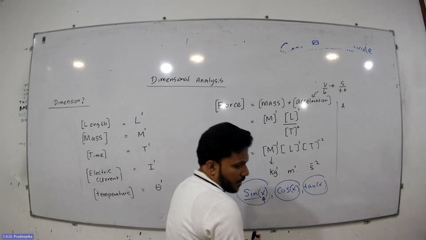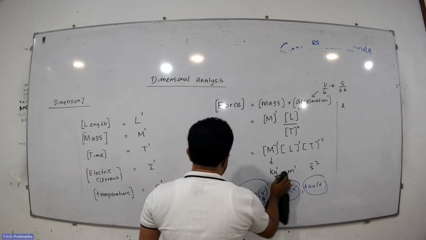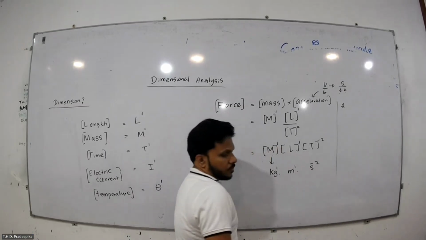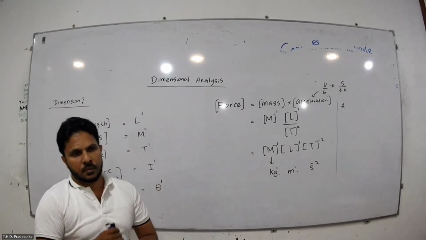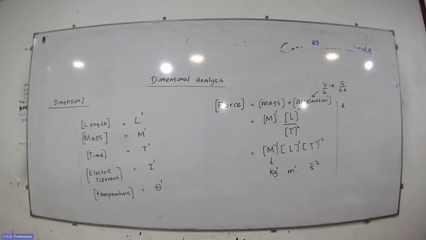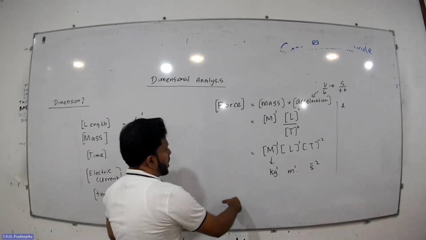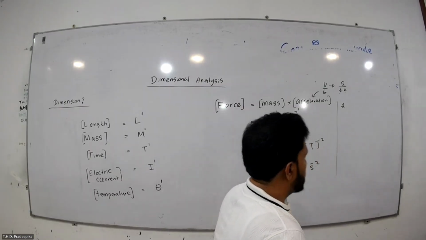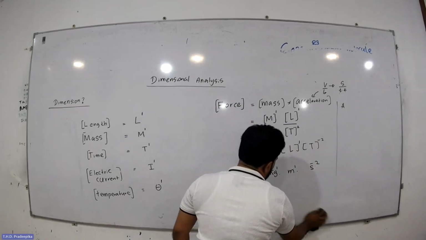Right. Next fact is, if a physical quantity is expressed as an exponent, it must be dimensionless. It must have no dimensions.